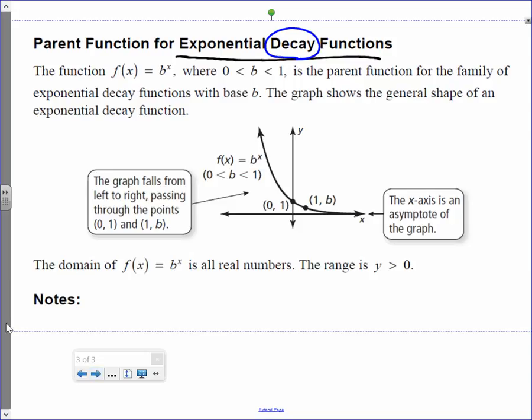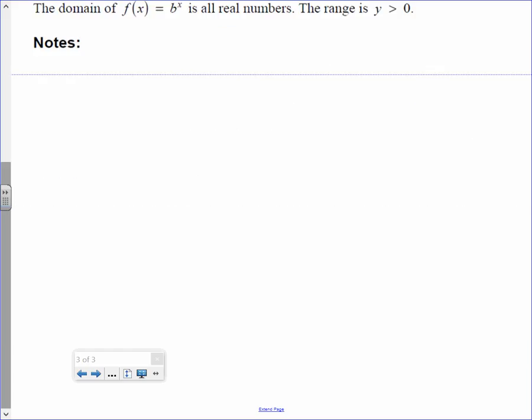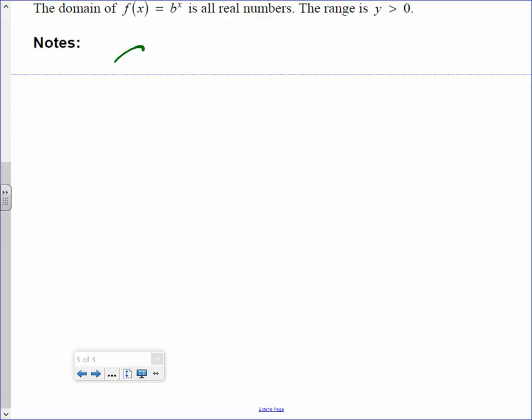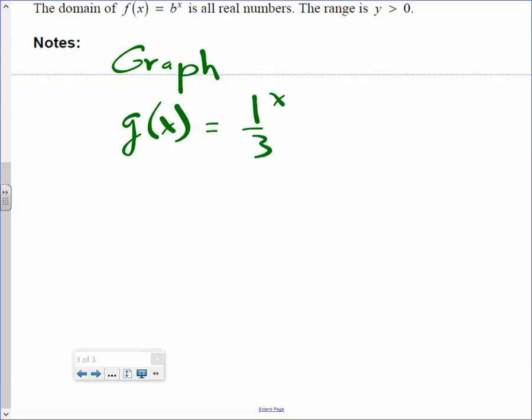Underneath right here where it says notes, let's go ahead and graph g of x equals (1/3) to the x power. Let me put parentheses around the 1/3 because it's the whole fraction being raised to the x power.